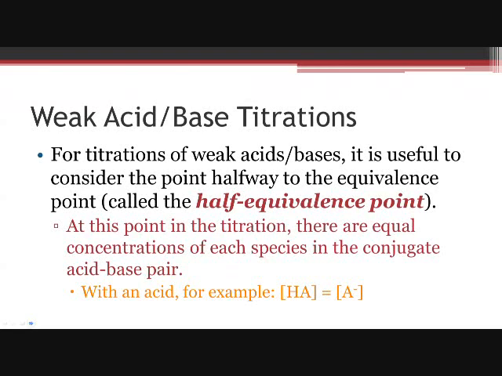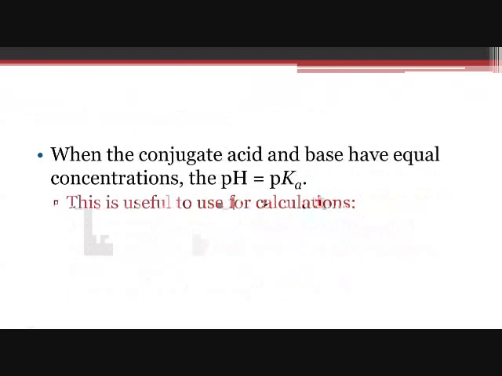And because they're equal, that tells us that the pH is equal to the pKa. Okay? And what that means for the pKa is, at the top of page 12, I gave you the equation, the pKa equals the negative log of the Ka.